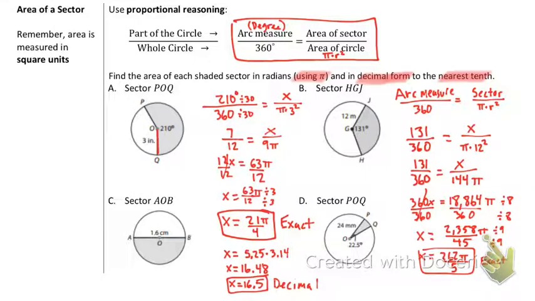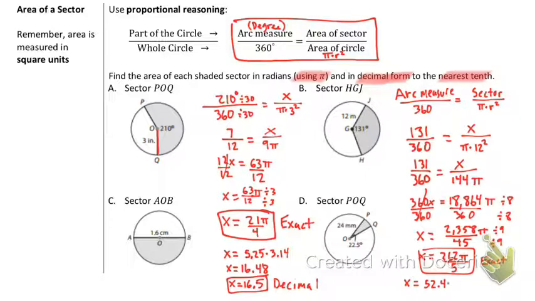Okay, and now we're going to do decimal form. So this divided by this times pi. So x equals 262 divided by 5. We get 52.4 pi.